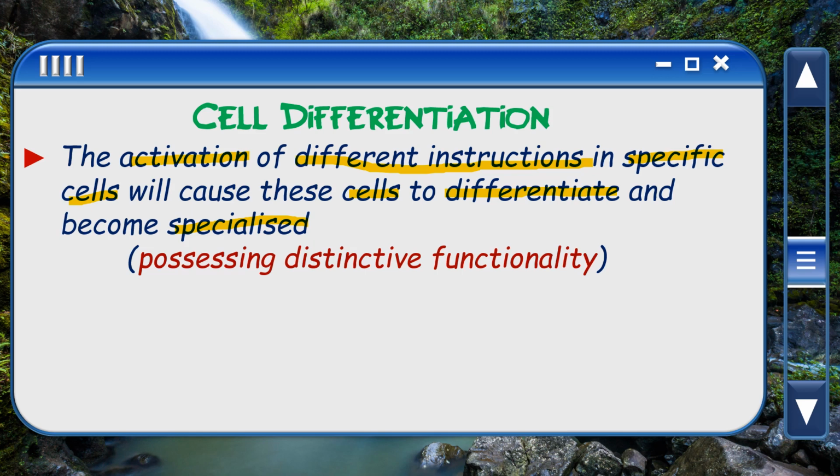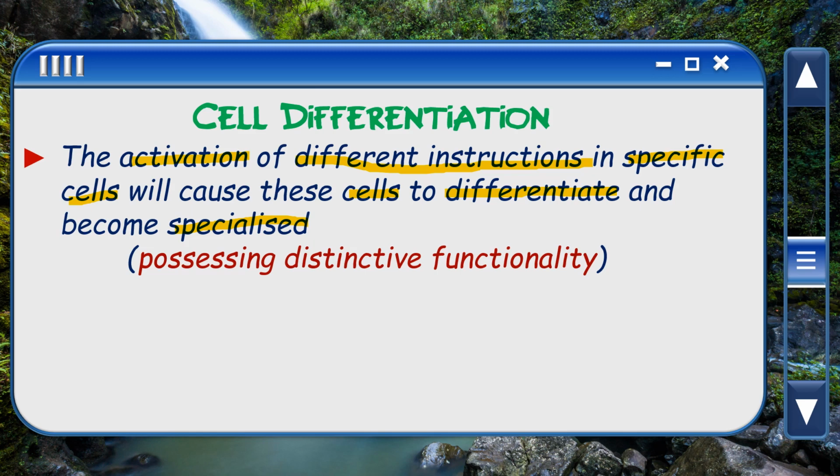Now, when we are looking at this one, we are saying all the cells have got the same genetic instruction, the same genetic information. But here we are looking at a cell going to differentiate.